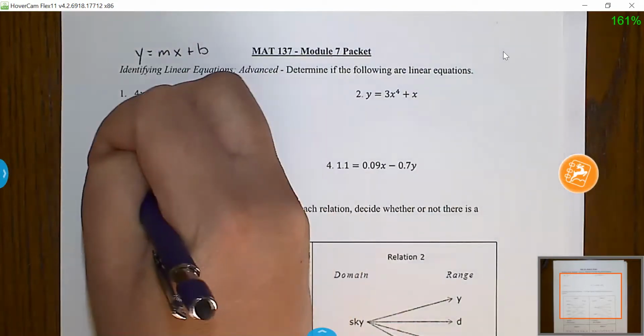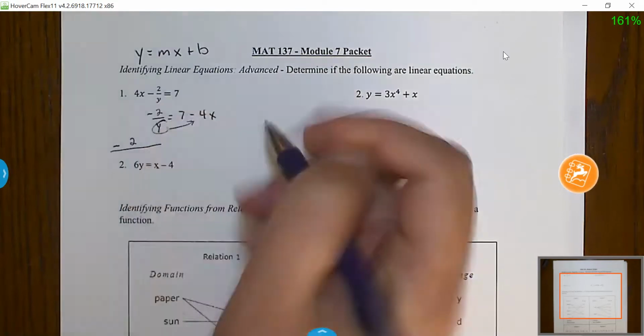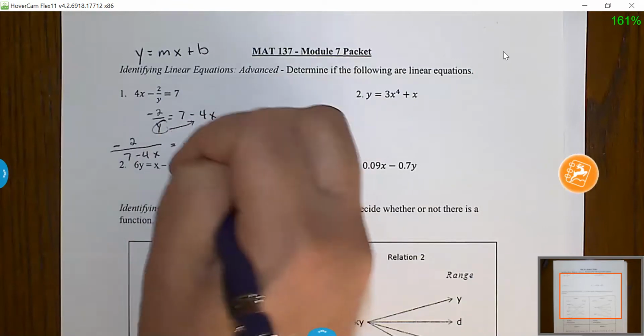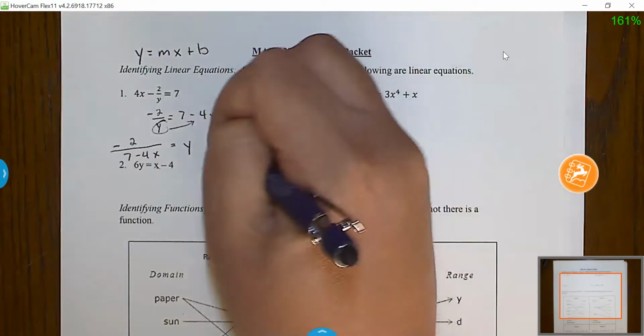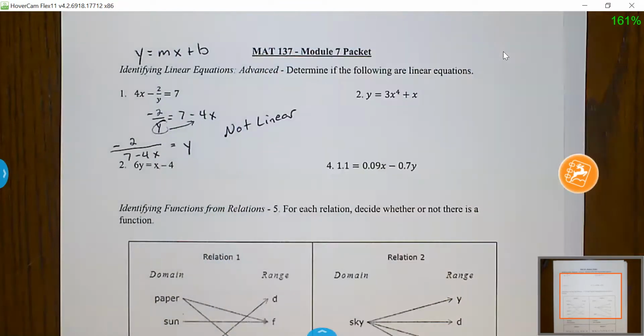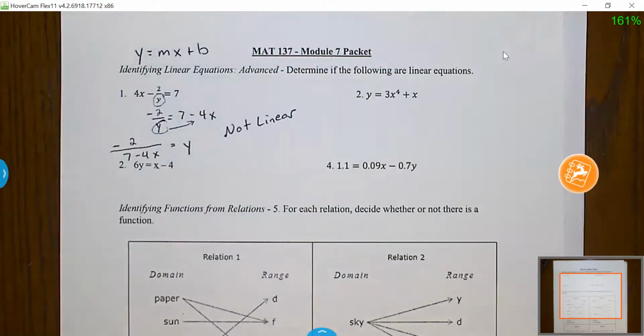It would be negative 2 over 7 minus 4x equals y. Because that 7 minus 4x is in the denominator, we say that it is not linear. Because of that y being in the denominator, we don't want any of our variables to be in the denominator.